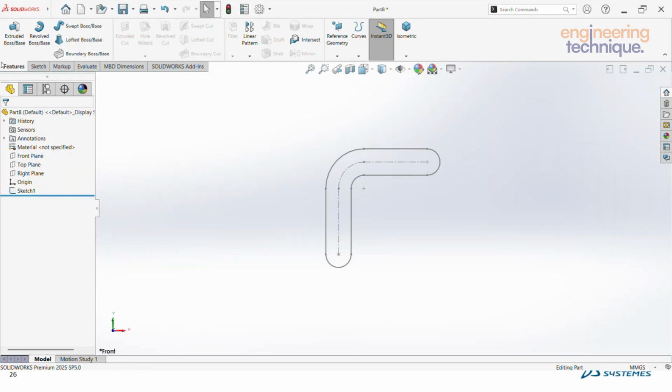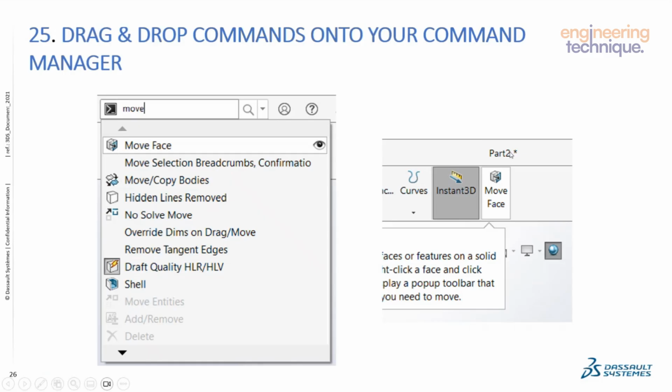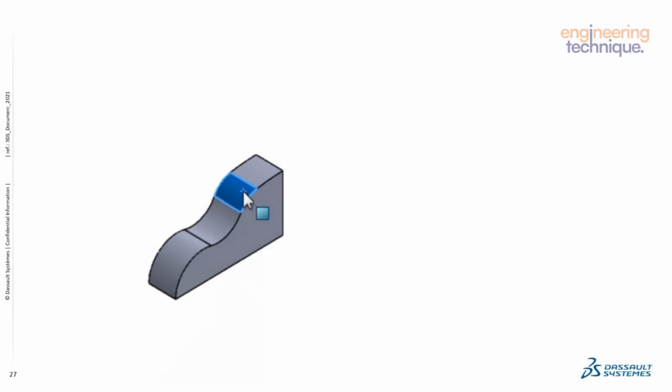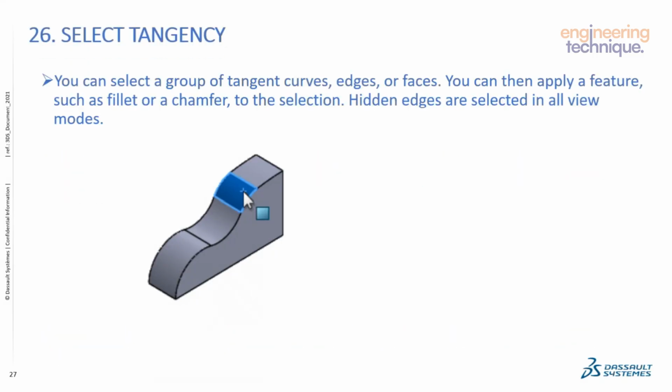It is located in my feature design tree, and I can directly select it. So it is helpful that the most frequently used options we can directly place in our command manager. This is one kind of shortcut option, and we can make it convenient for our usability.